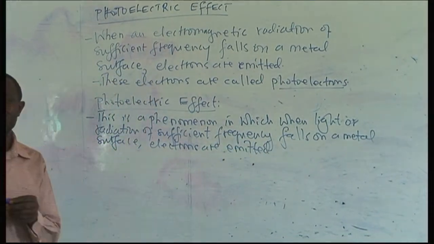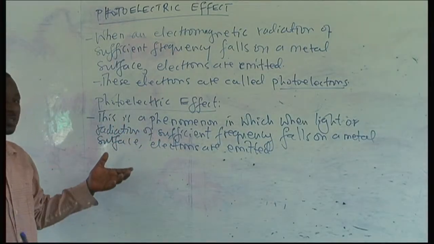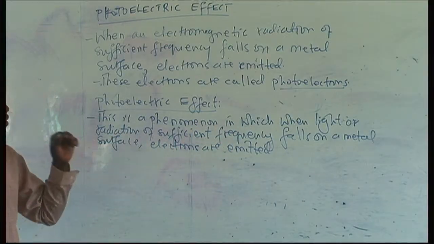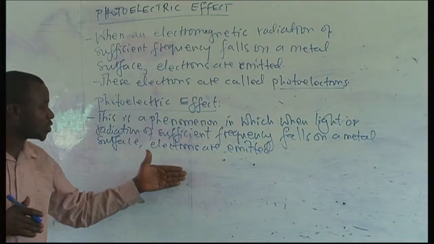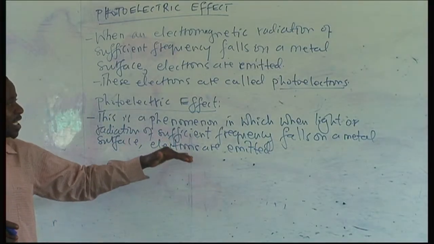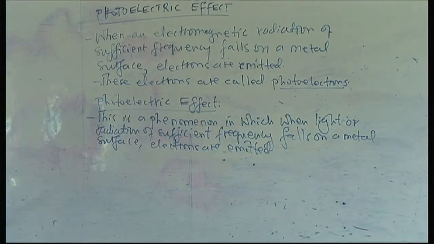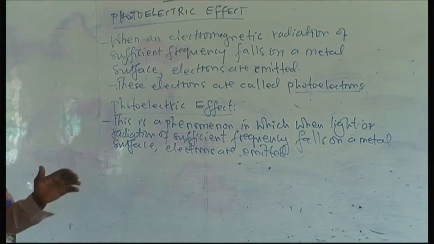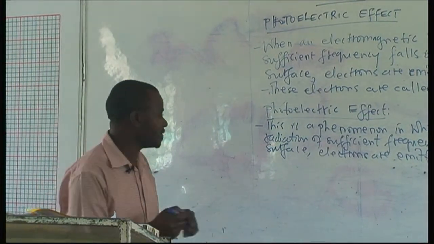So class, if you are asked to explain or define photoelectric effect, simply say that this is a phenomenon in which when light or radiation of sufficient frequency falls on a metal surface, electrons are emitted, and these electrons, we have said, are called photoelectrons.